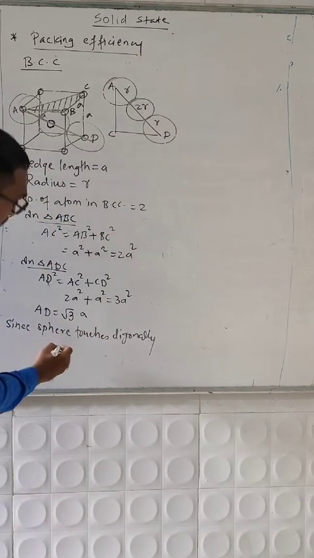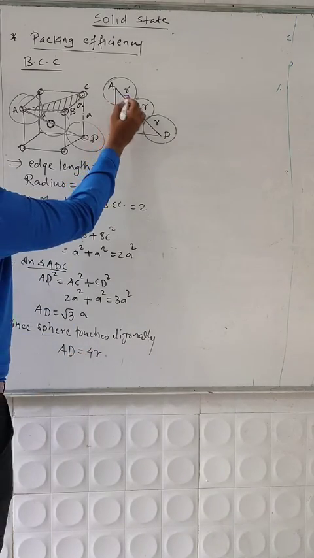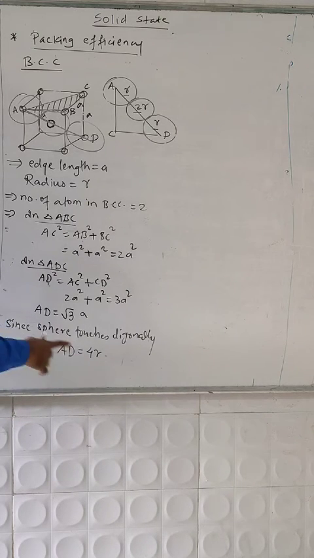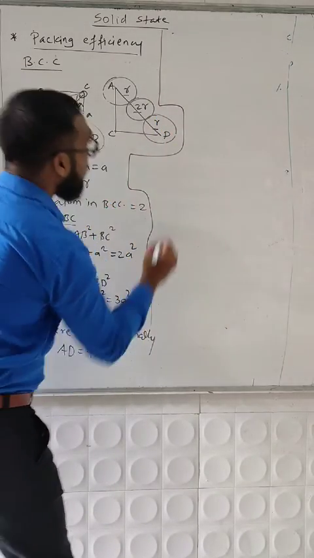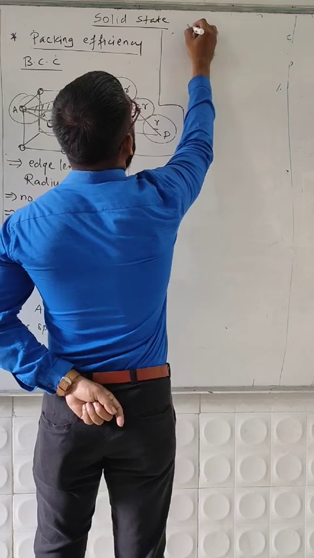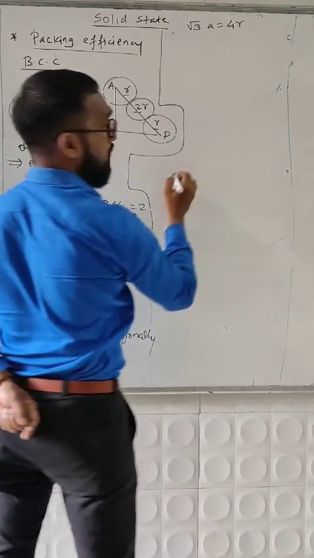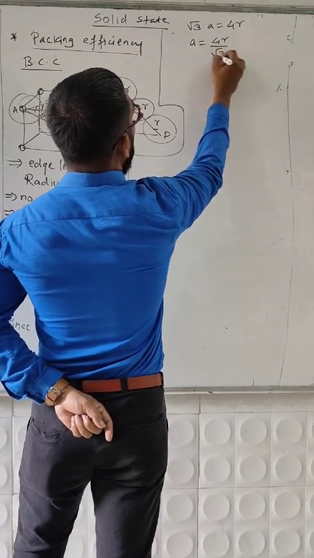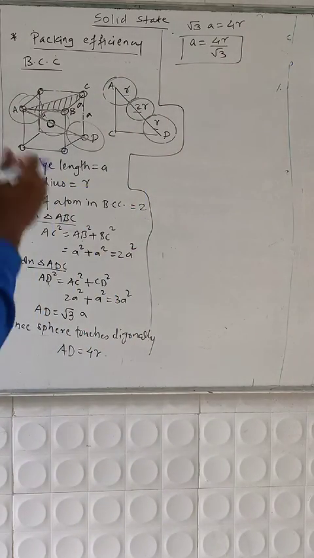So I can say that AD is equal to 4r, r plus 2r plus r. AD is equal to root 3 a, so both are equal. So root 3 a is equal to 4r. So a is equal to 4r upon root 3.